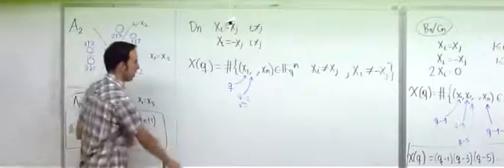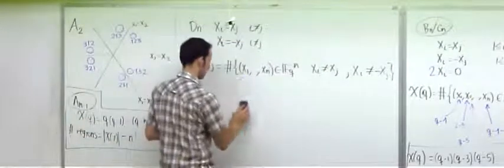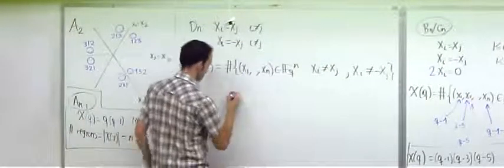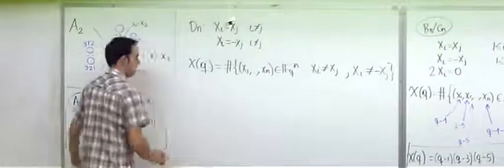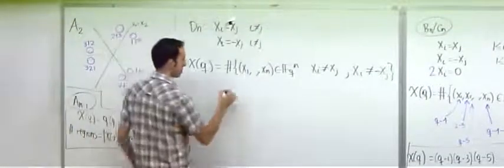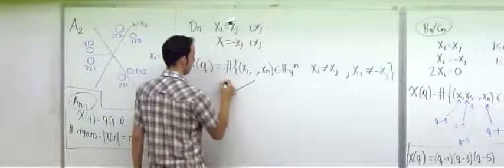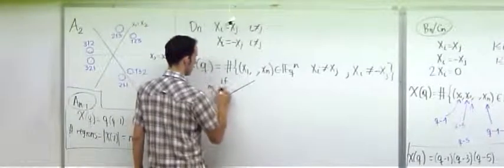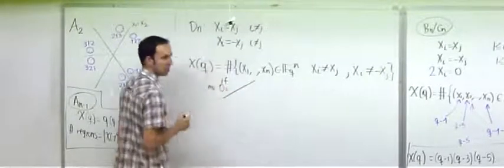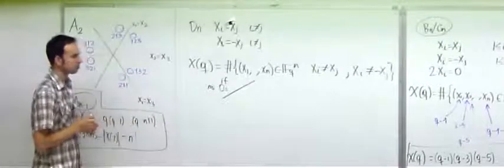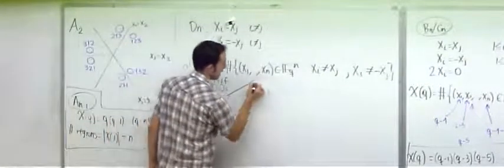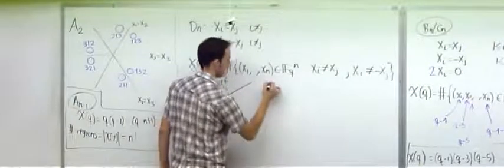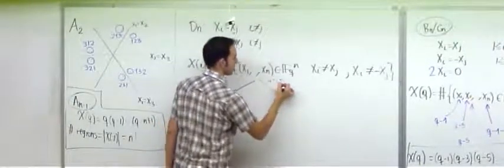Okay? So let's try something different. We're going to split into two cases. In the first case, I don't have zeros. And in the second case, I do have zeros. So if no zeros, how many possibilities are there? And if I have zeros, then how many possibilities are there?